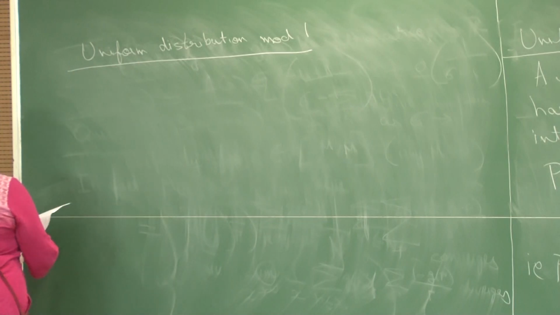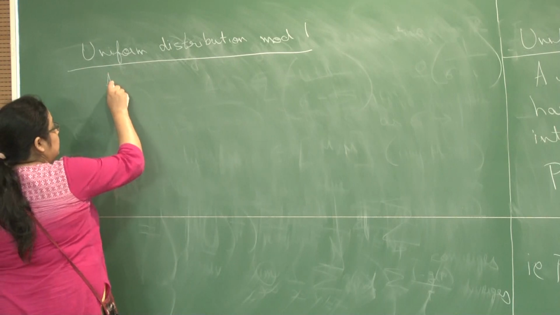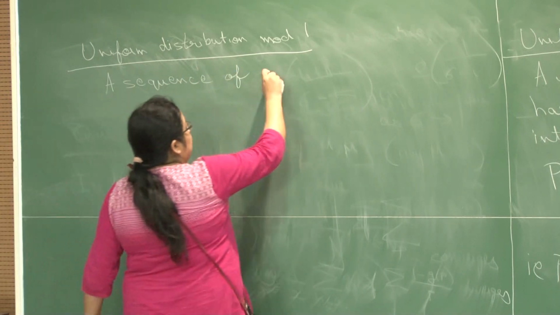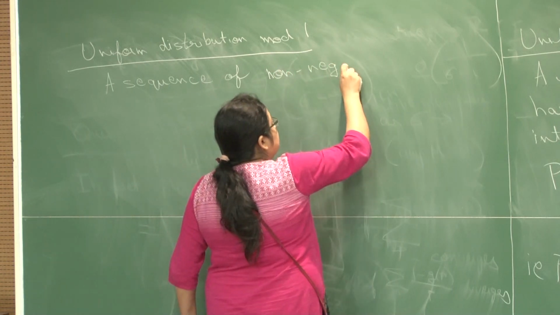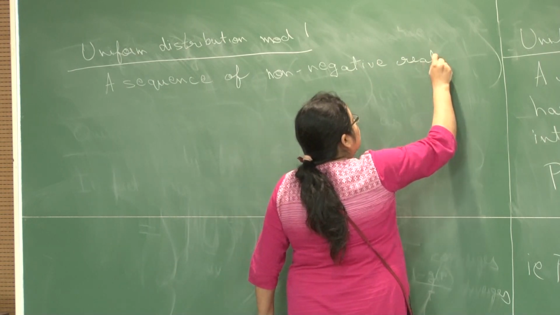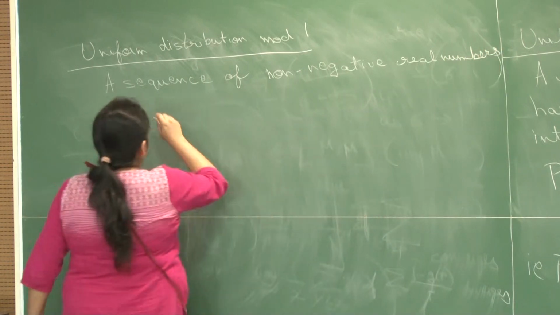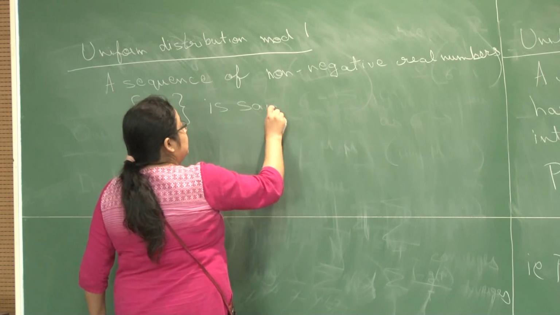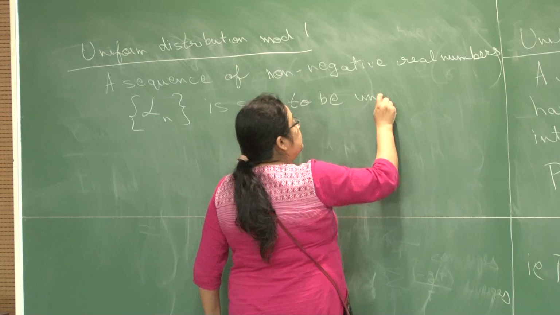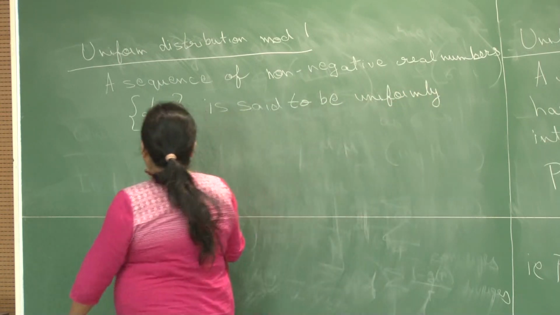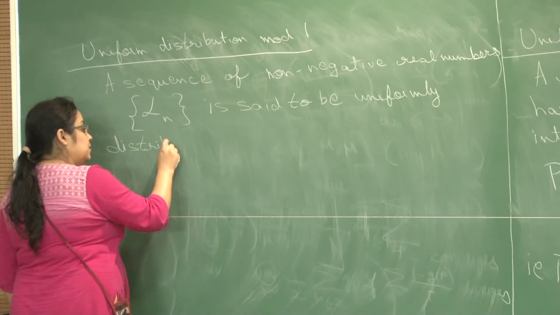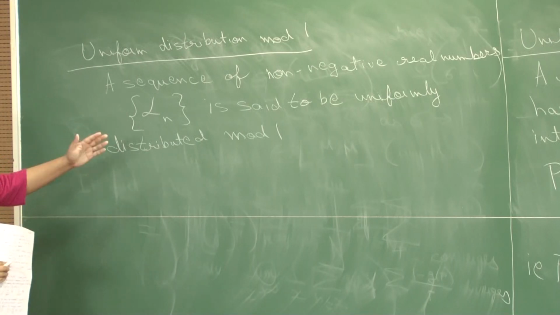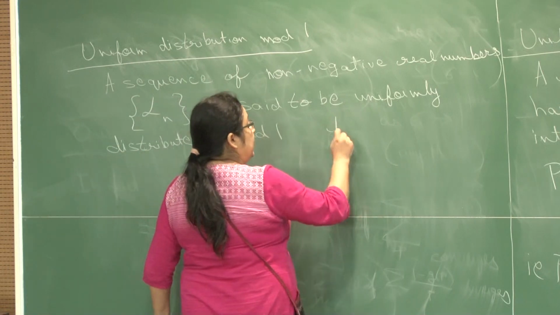We say that a sequence of real numbers, let us take non-negative real numbers, let us call it alpha sub n, is said to be uniformly distributed modulo 1, or another way to say this is said to have uniform distribution mod 1, if the following happens.